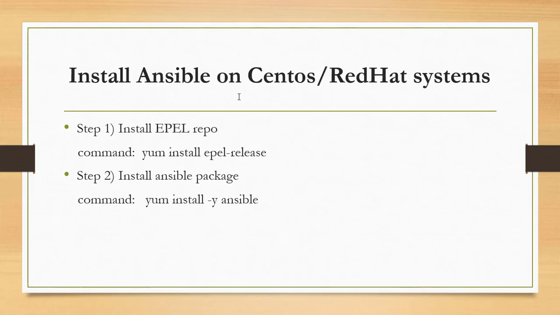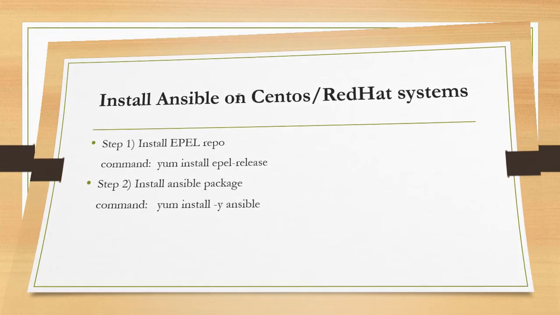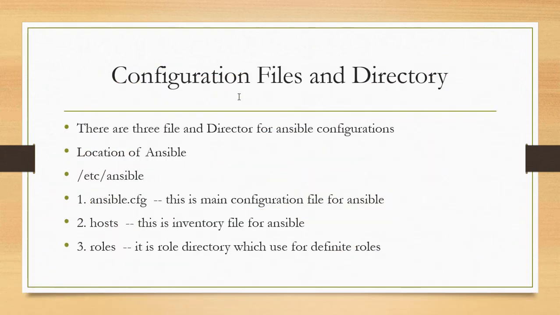Let's go with what is next. The configuration files and directories. There are 3 files and directories for Ansible. The location of Ansible is /etc/ansible. There is one file called ansible.cfg, which is the main configuration file for Ansible. The second is a file called hosts, which is the inventory file of your Ansible.